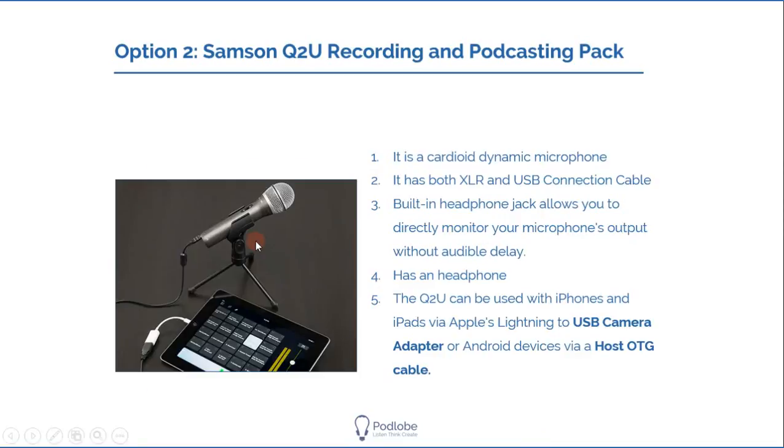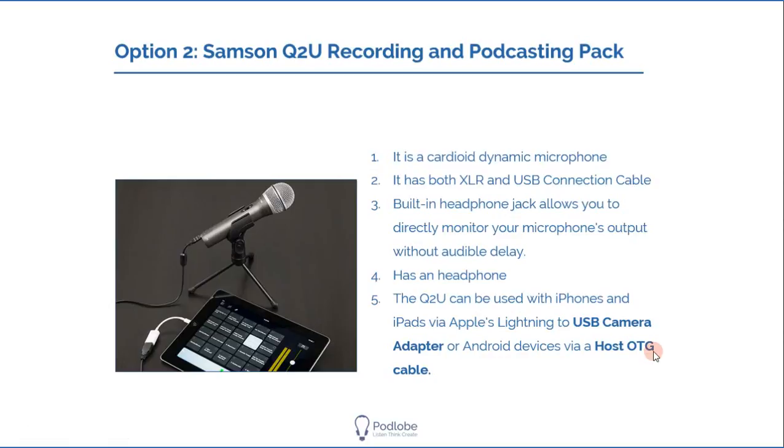And the Q2U can also, like most microphones, because you can also connect the ATR 2100 to your phone or to your iPad or to your Android devices using the USB camera adapter. If you're working with, is this little white cord here that allows you plug USB into it and then it connects to your iDevice, or through the host OTG cable.